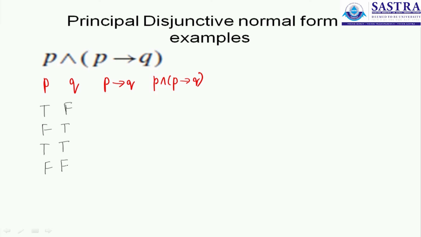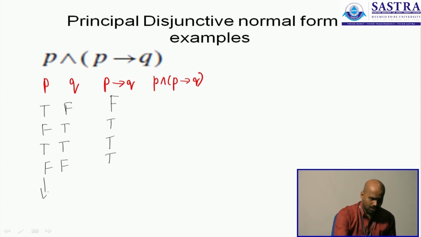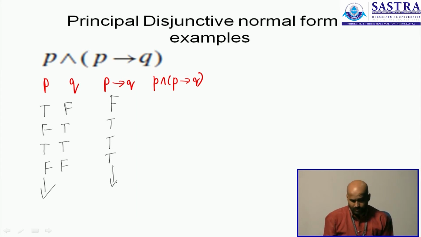Let's look at the conditional. You know how a conditional works? A conditional works to be a true answer in 3 cases and a false answer in only exactly 1 case, where the hypothesis is true but the consequence is false, and that happens in the very first row. All other rows take up a true value. That's your third column right there. The fourth column wants you to do a conjunction between columns 1 and 3.